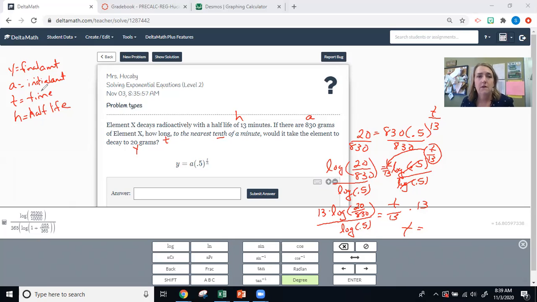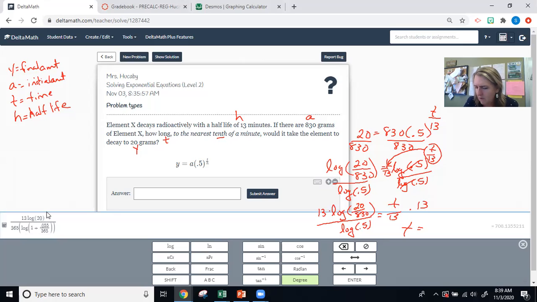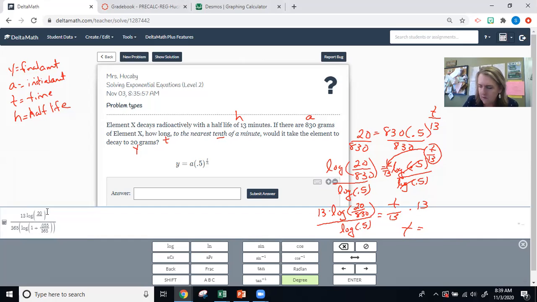I could use this. It's kind of set up right, or you could start from scratch if you want to, but I have a log on top and a log on bottom. I'm going to put the 13 in front of my log, and I'm going to change this number. So it is just going to be 20. And the denominator of this one is going to be 830. Oh, man, I went one too many. So let's get that fraction still there.